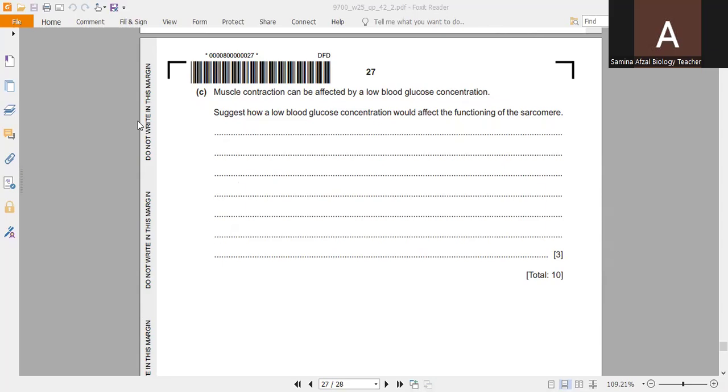Low blood glucose means that less glucose is available for glycolysis and subsequent stages of aerobic respiration. This results in a decreased rate of ATP synthesis in the muscle fibers.